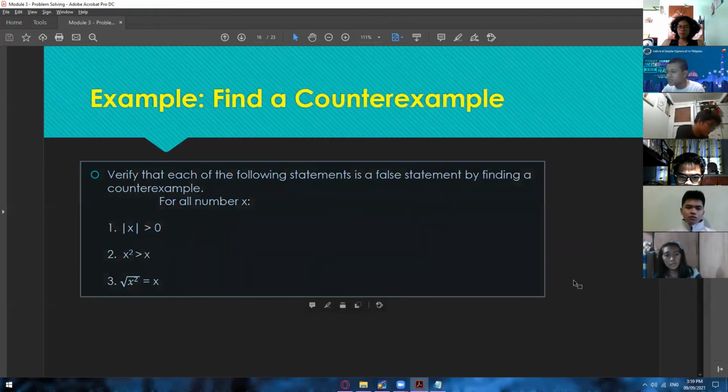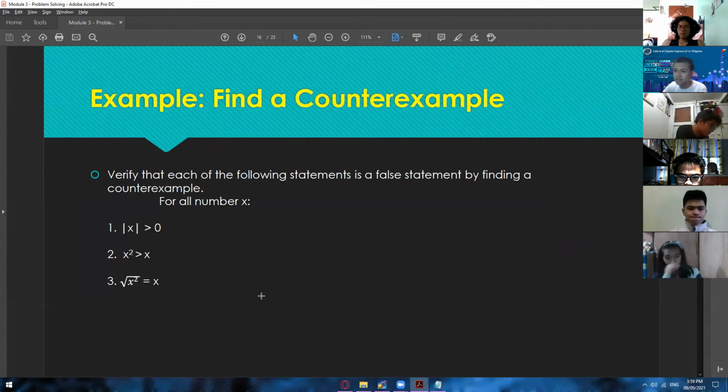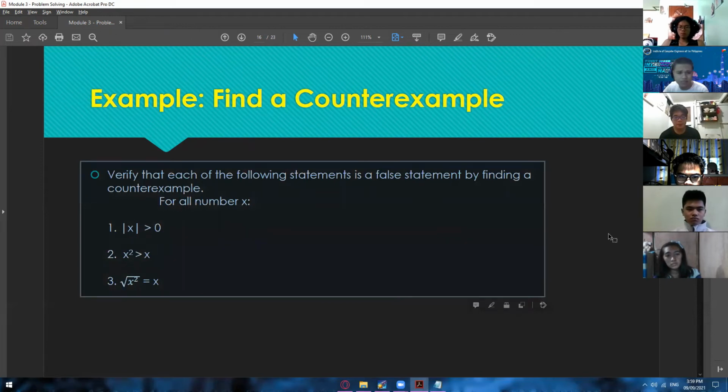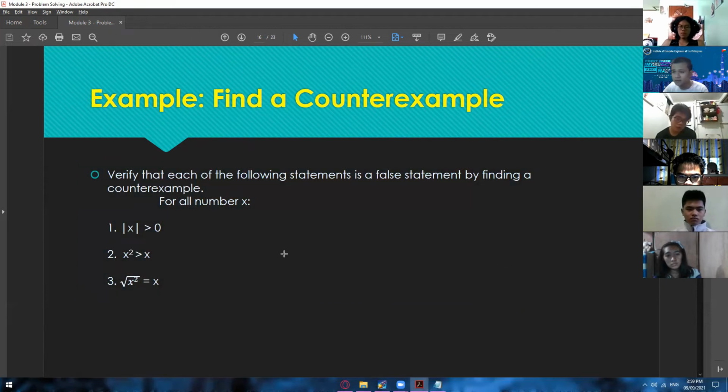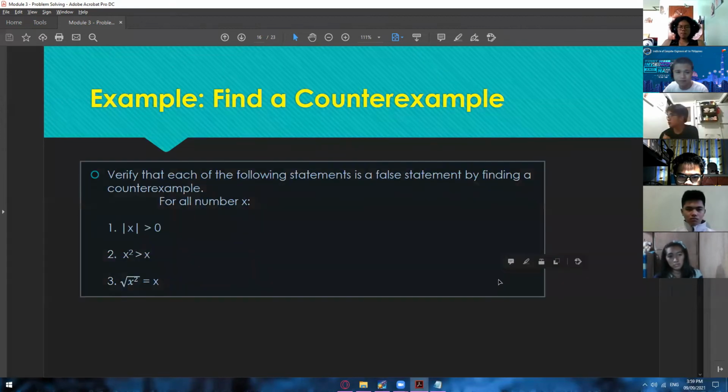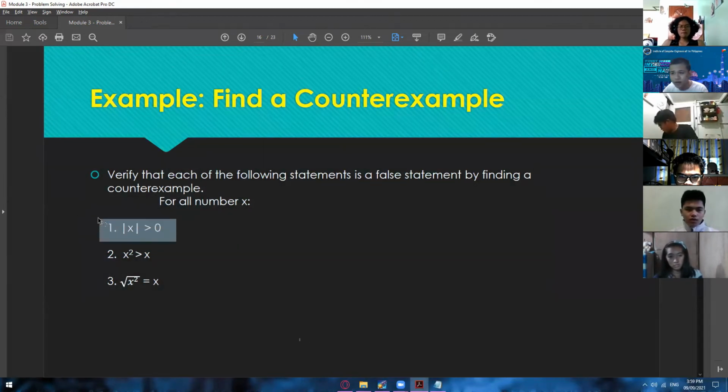So for all numbers x, I would like you to find at least one counterexample. There are a lot of counterexamples out there, but one is enough already.